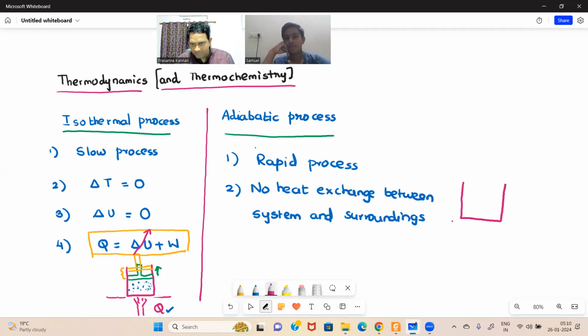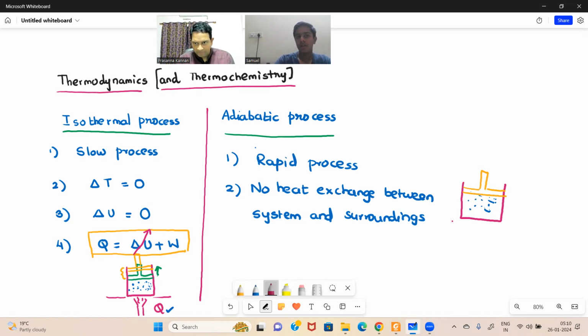Let's say we have a cylinder with some gas inside. You have a piston.